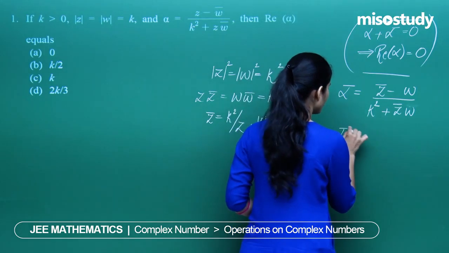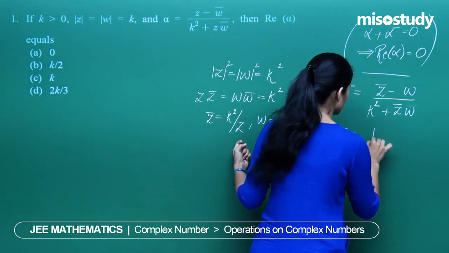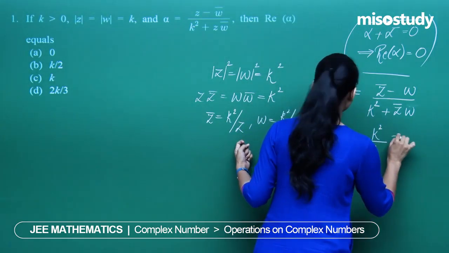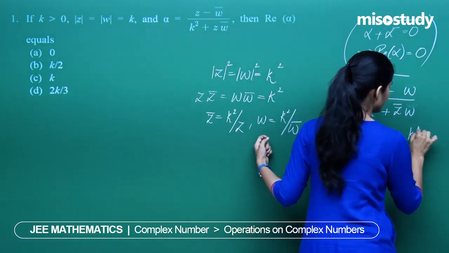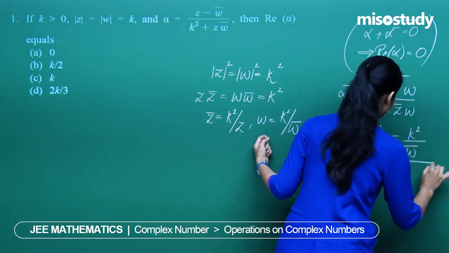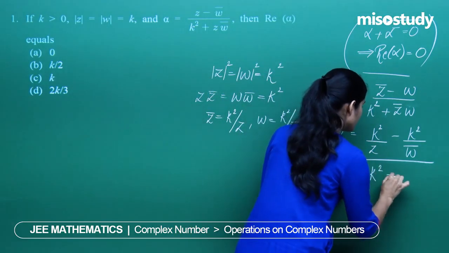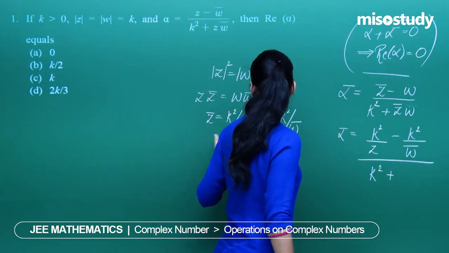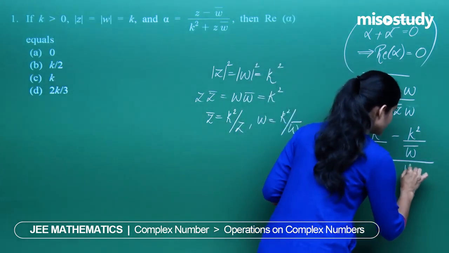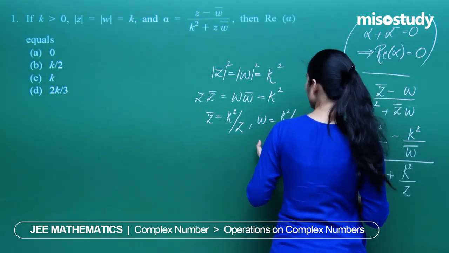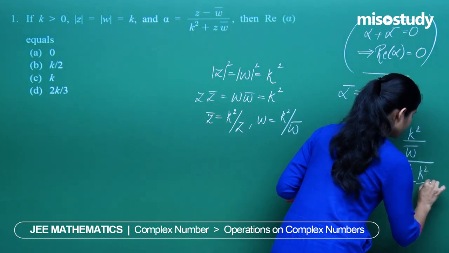So here if you incorporate those values, z bar is k square by z, w is k square by w bar, whole upon k square plus z bar into w. So z bar is k square by z and w is k square by w bar.